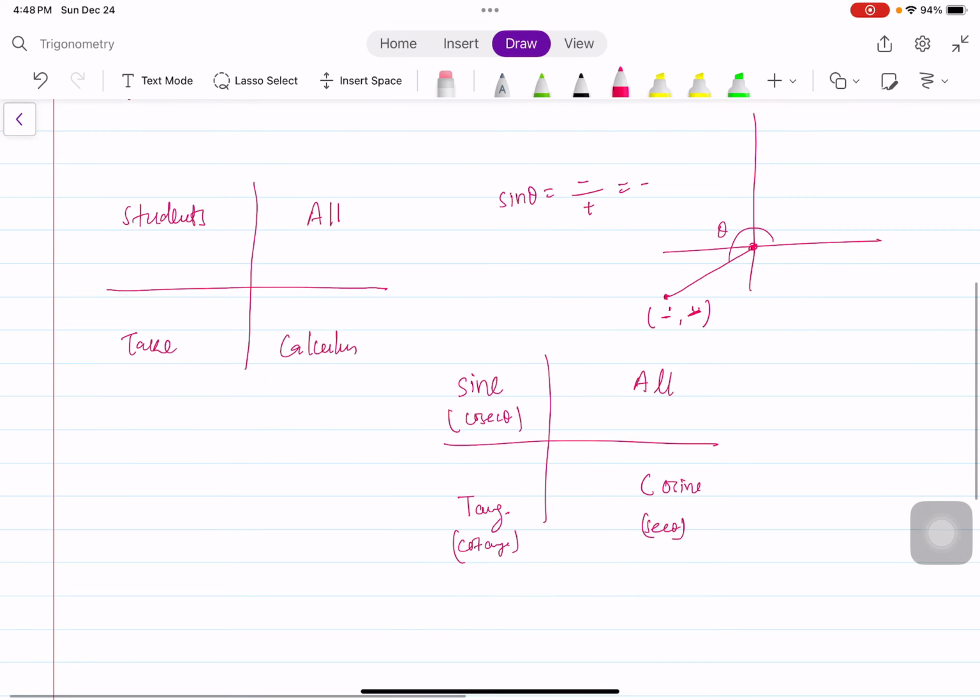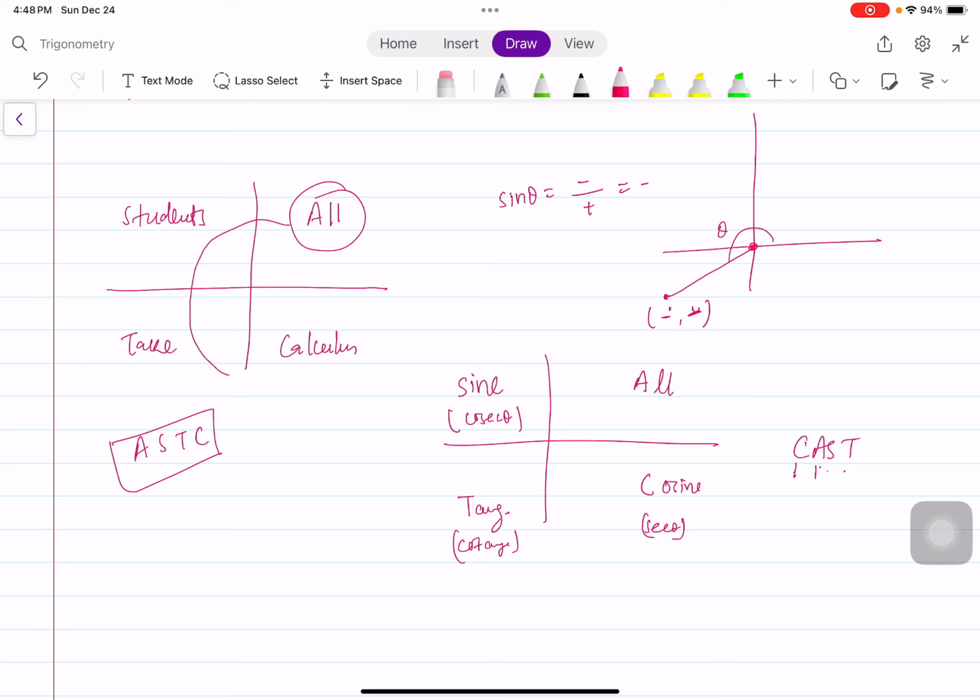If I use the CAST rule, this starts from the fourth quadrant, then first, second, and third, whereas this is ASTC. A means you start from here, all students take calculus, and you move in this direction. So this is one of the ways of remembering signs.